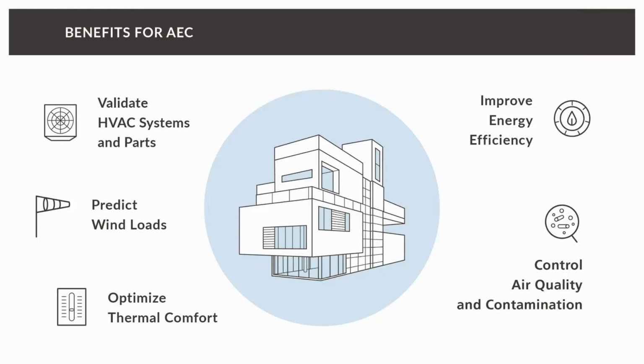And first of all, CFD is for sure used for optimizing and validating HVAC systems and parts. So let's imagine you are designing a big residential building or a big office building where you have a HVAC system for ventilation. CFD can be used on the one hand to optimize single components of this HVAC system, including fans or ducting segments, but it can also be used for investigating and optimizing the full system and to understand the interaction between different parts and segments.